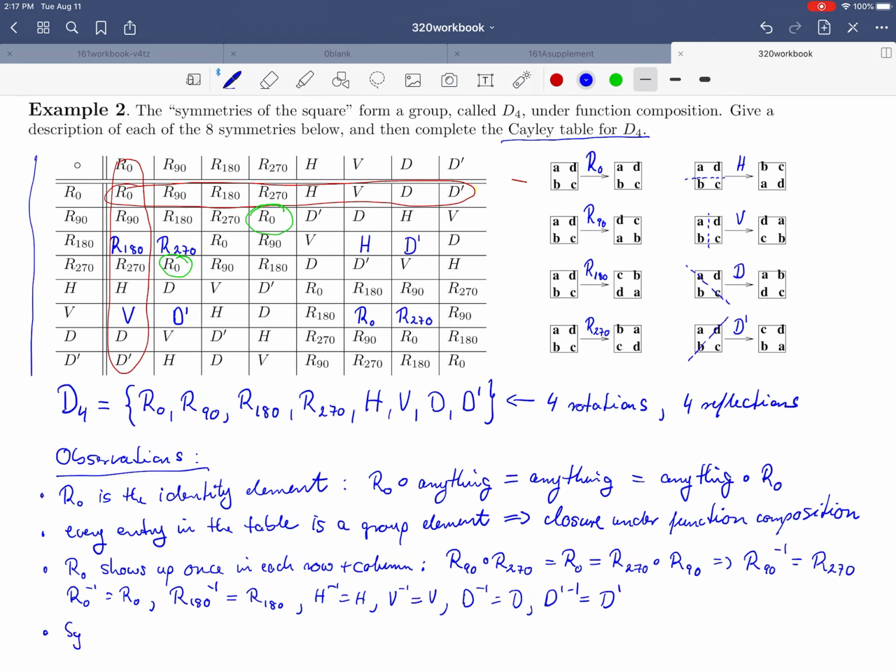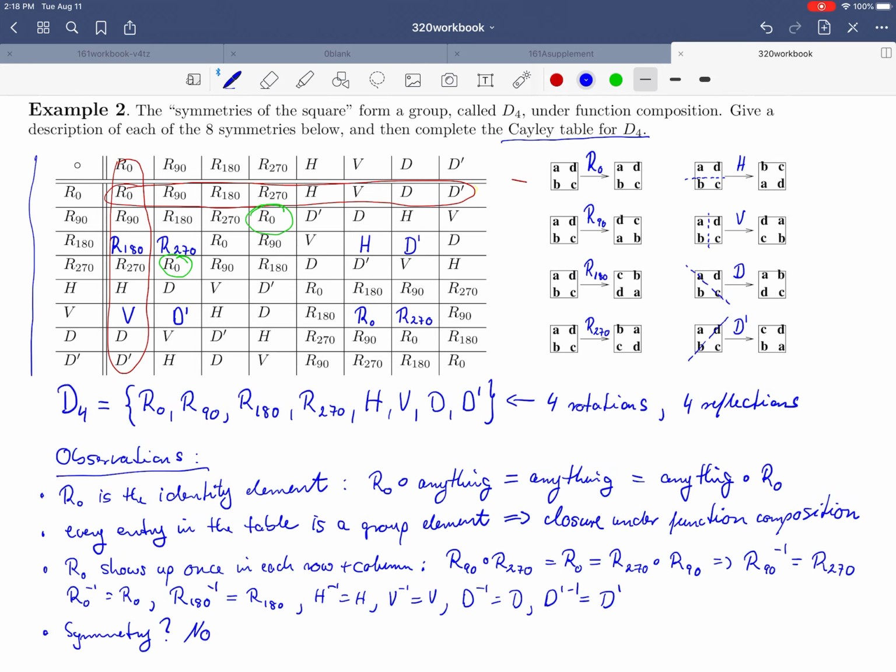Do you see any symmetry? Do you see symmetry, especially symmetry about the diagonal? That's what I'd like you to pay attention to. And you'll see that you see it at some places, but you don't see it everywhere. It's actually not symmetric.